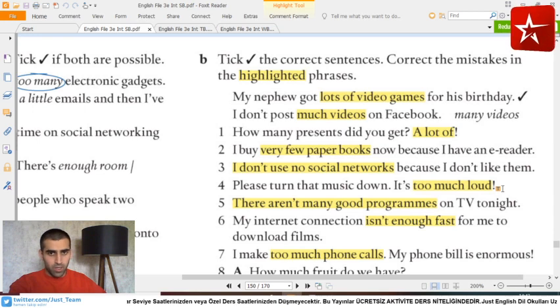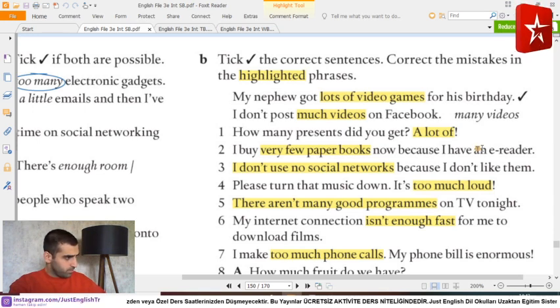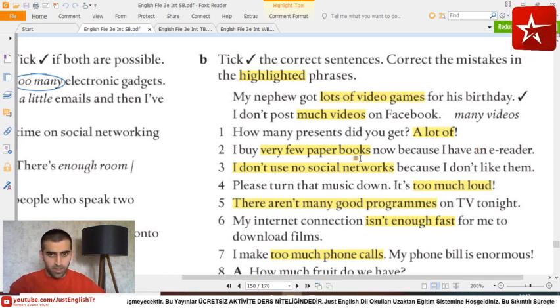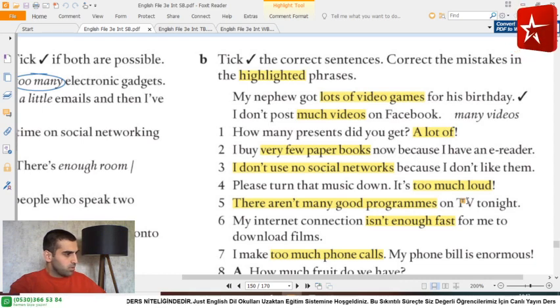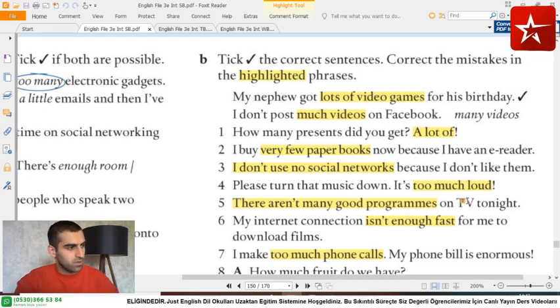Let's check your answers for number 4. Which one is correct? Too much loud. Is that correct or not?